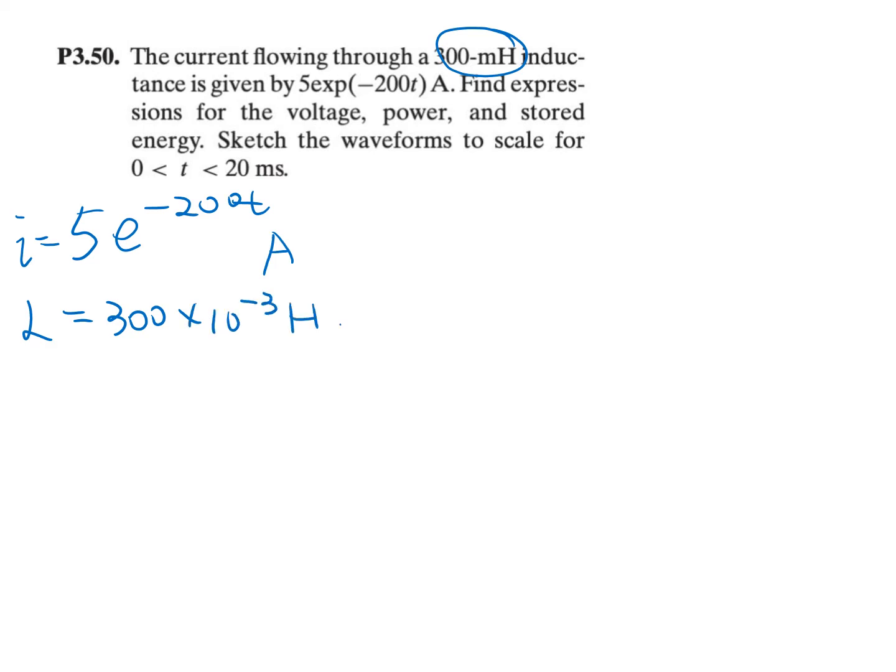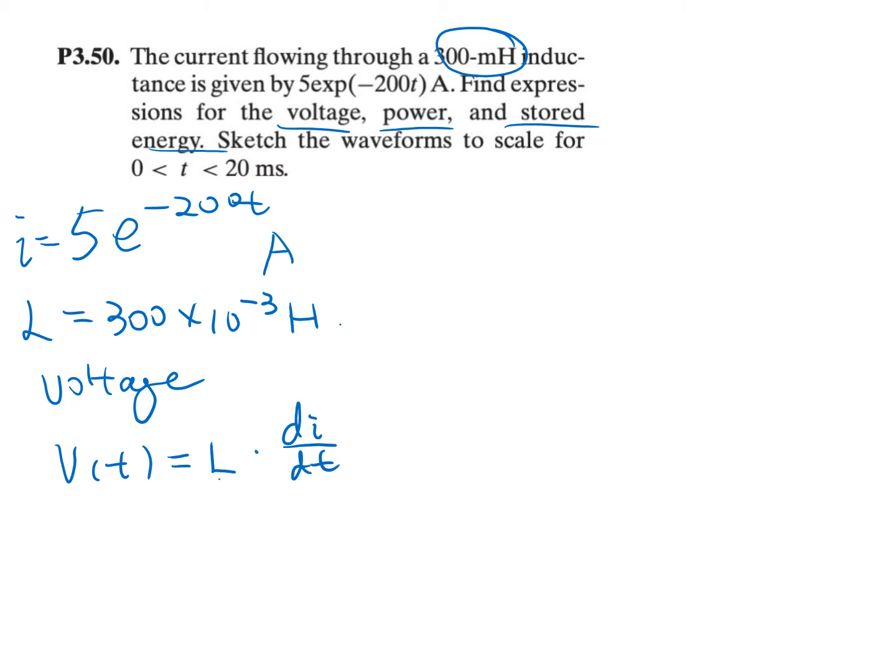We need to find an expression for the voltage, power, and stored energy, and sketch the waveforms. So let's first find the voltage. We know for the inductance, to find voltage, we have the formula v(t) is equal to L times di over dt.